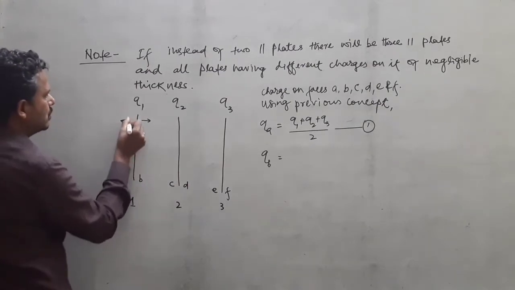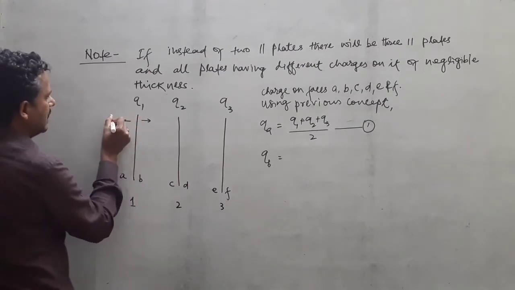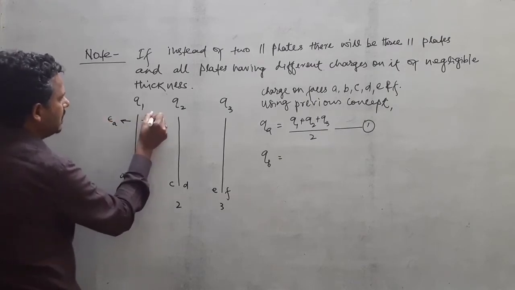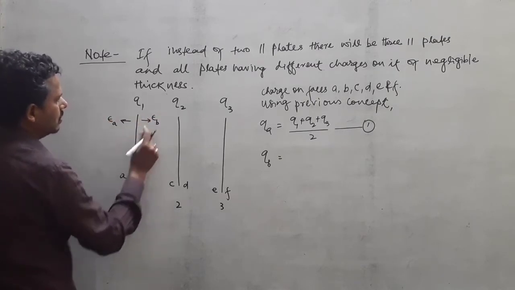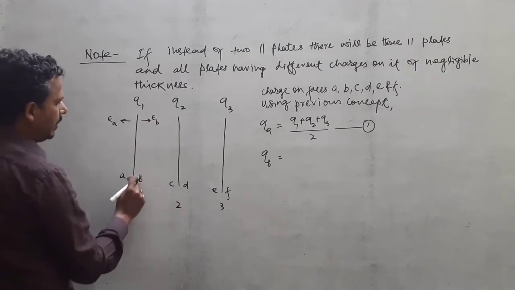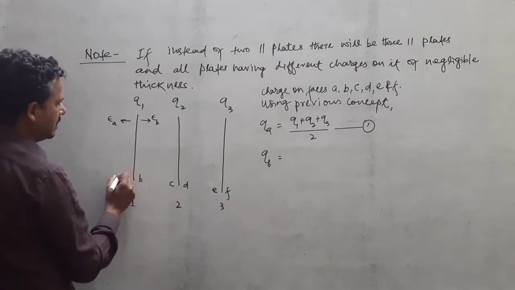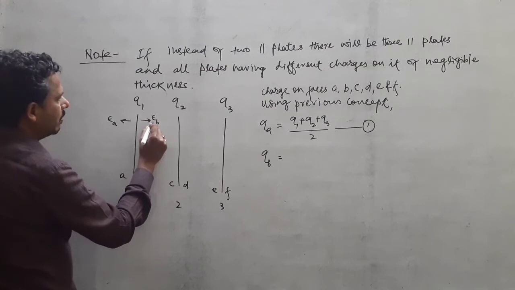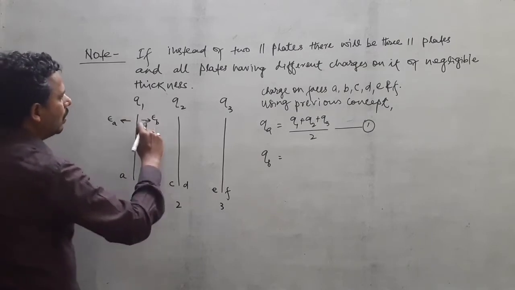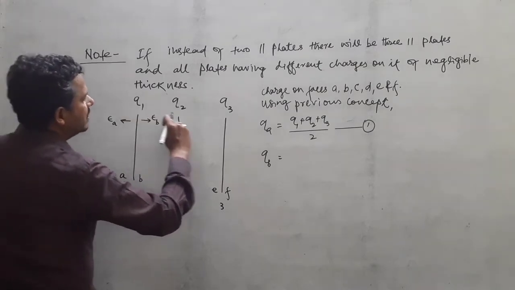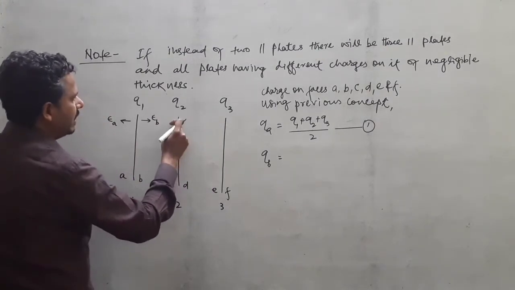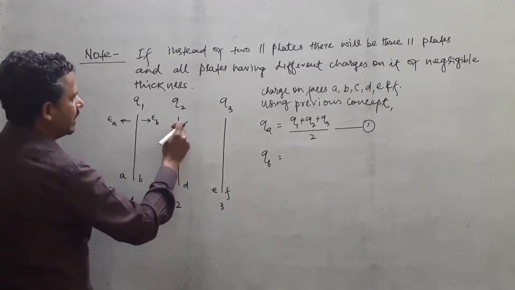So suppose this one is EA, and this one is EB. Accordingly, you have to take EB as a priority, so you take all electric field lines in this direction. But here, by this face, in this direction, that will be negative.